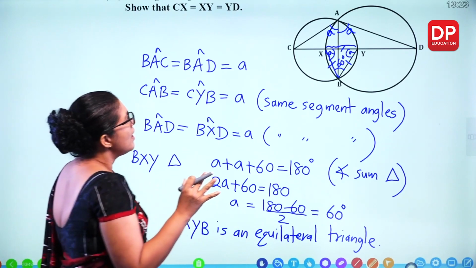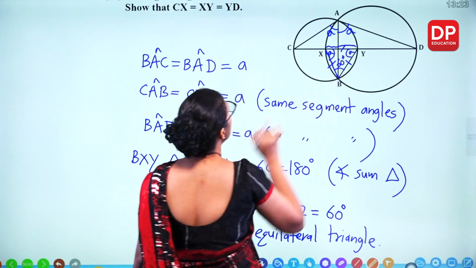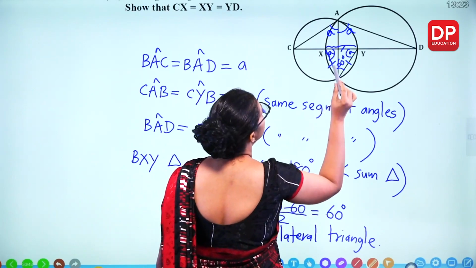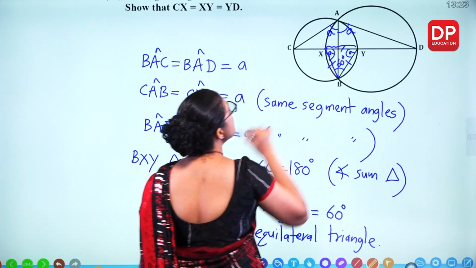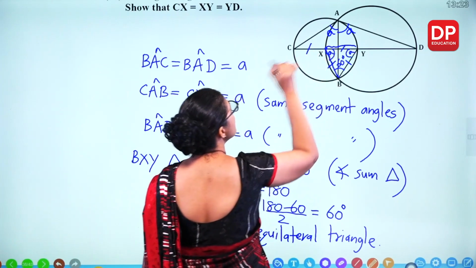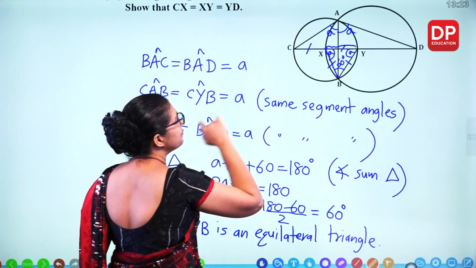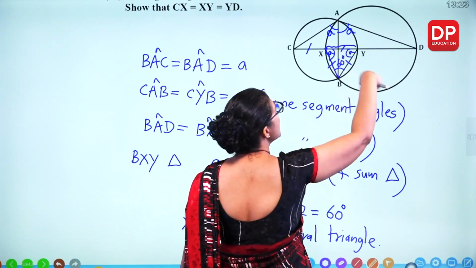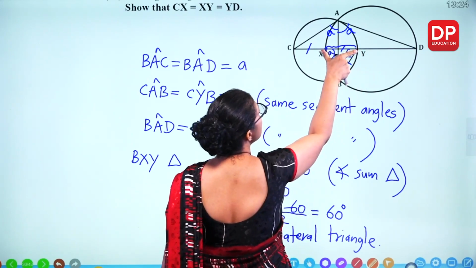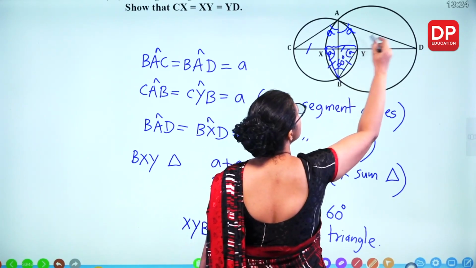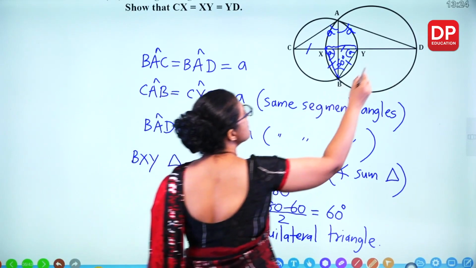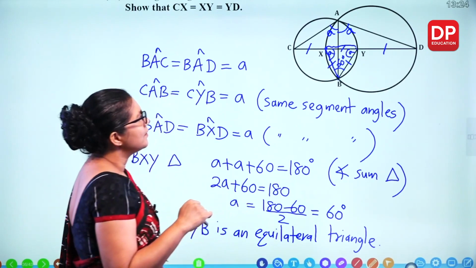Now see, if these are equal, we can say this is the center, so x, y. So this is also equal. And if you take this circle, this length and this length are all equal, meaning this is the other radius. So this also should be equal.